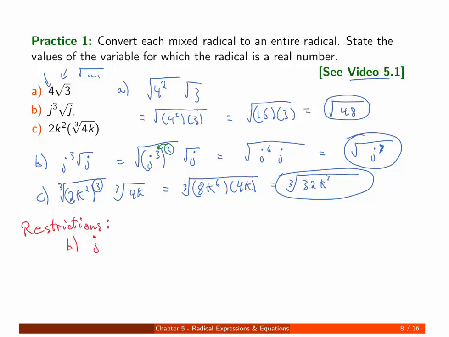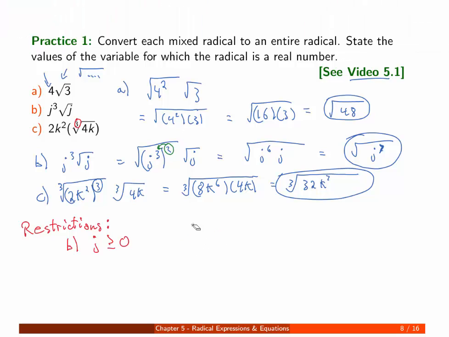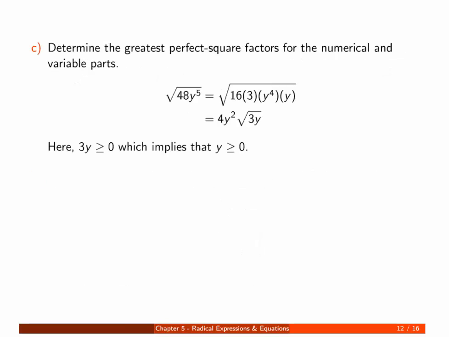In this case, the only value below the radical sign is j. So j has to be greater than or equal to 0. For c, 4k. Oh, I apologize. For c, this is an odd index, so there are no restrictions. And that's it.